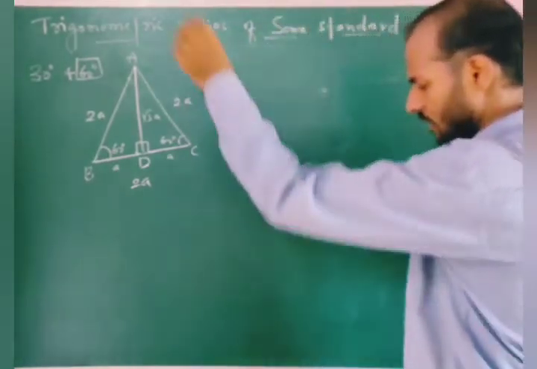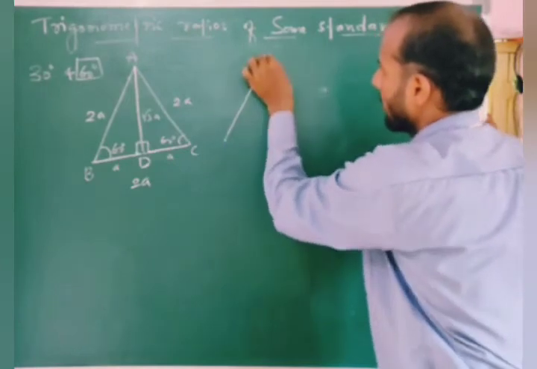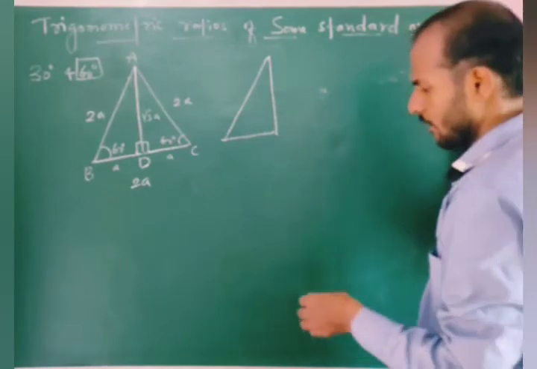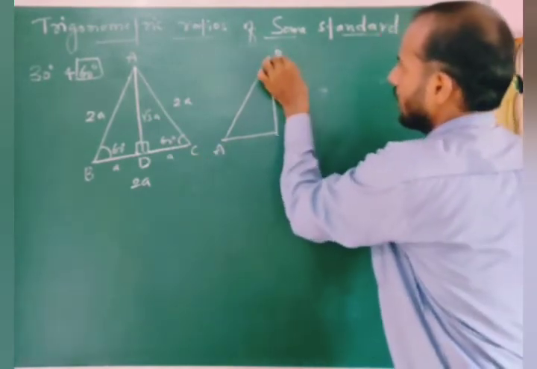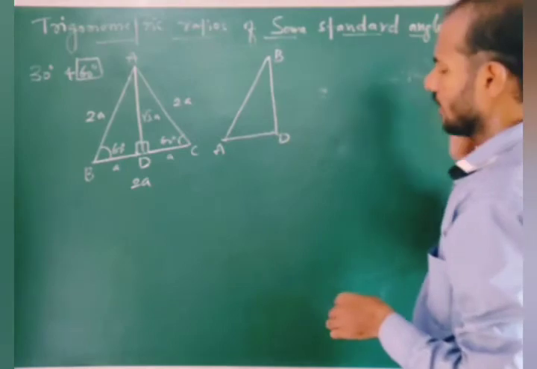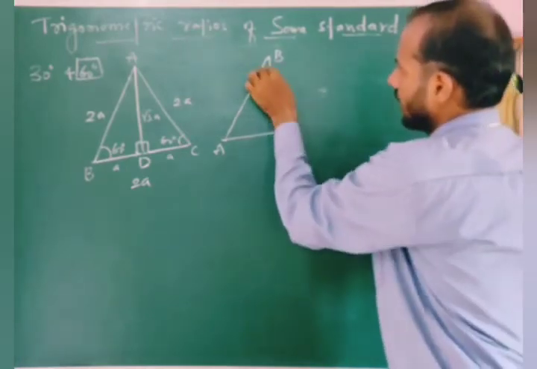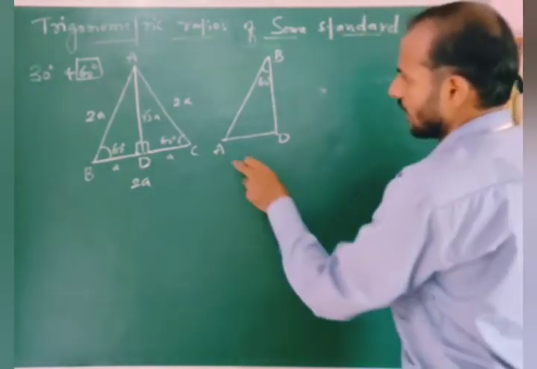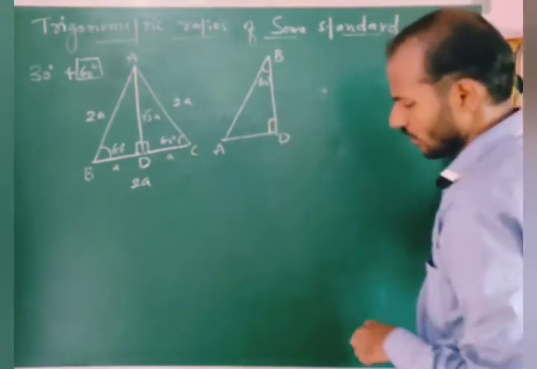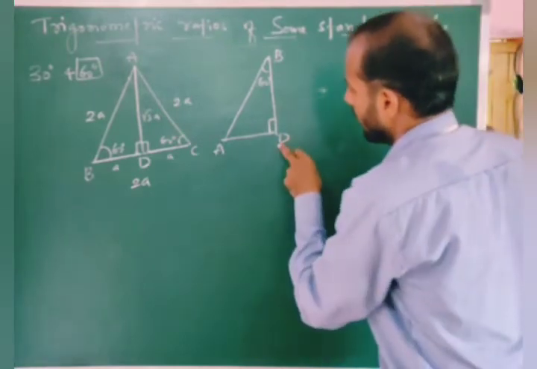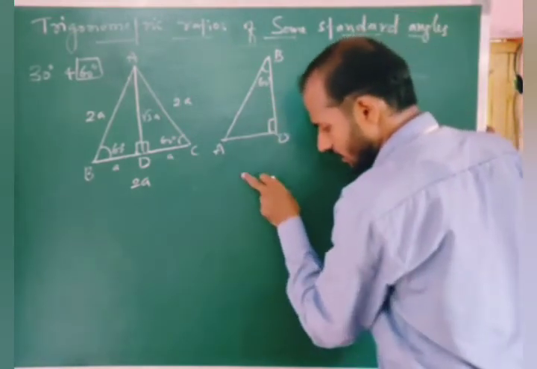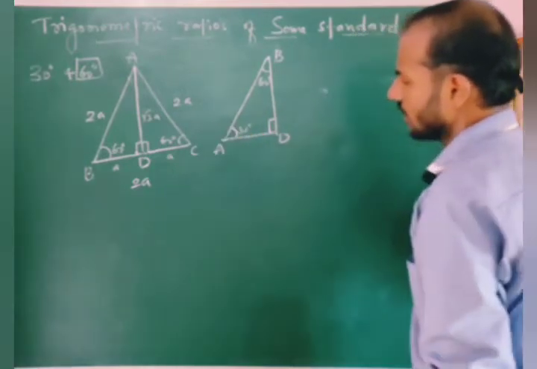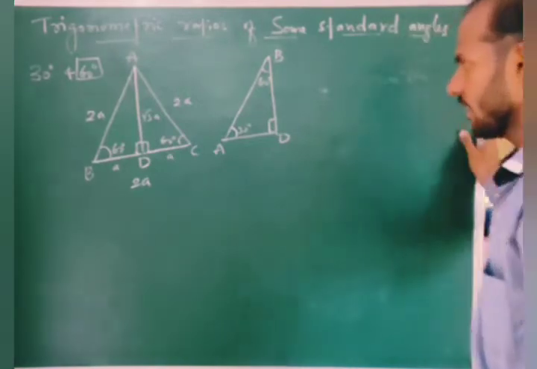Let us consider a triangle, that is angle ABD. ABD. The angle B is what here? It is 60 degree. Angle D is perpendicular, right? If it is 90 degree, if it is 60, then this angle is what? It is 30 degree. Got it? Now we have to find angle A.